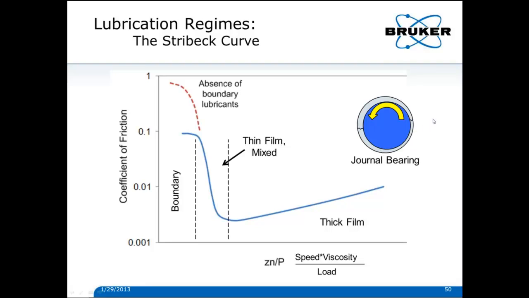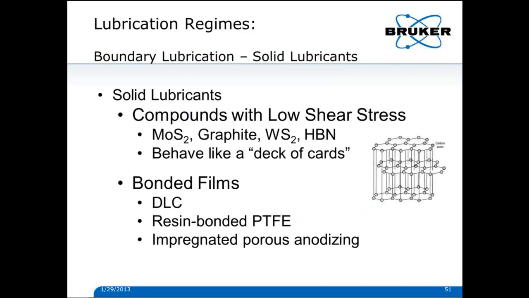That's why start-stop, where your speed is low, is so damaging in automobile journal bearings, because now we're touching. This is why the chemist must put additives in the lubricant to deal with this boundary region, to keep it down here for that short time before we build up the hydrodynamic pressure.